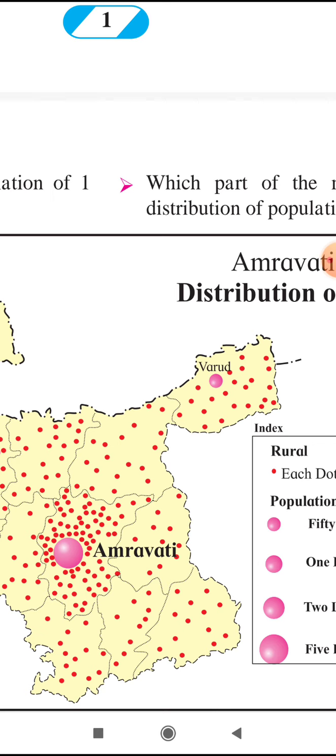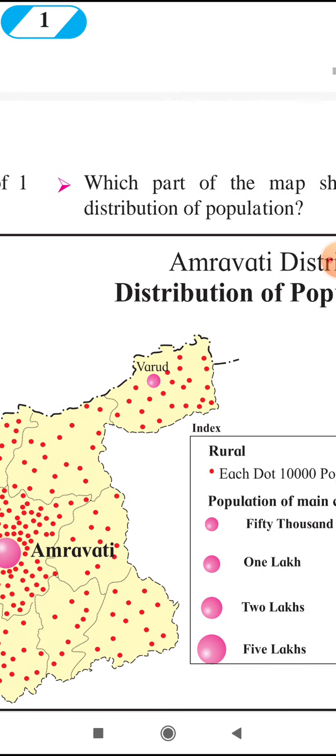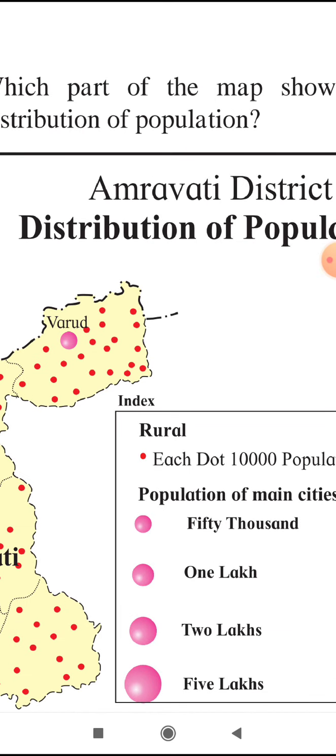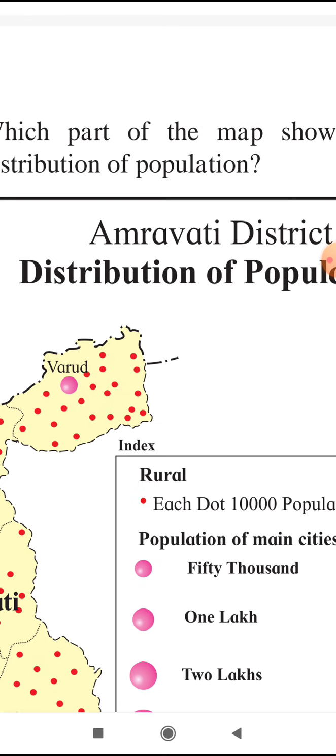See, 1 2 3 ... about 20 dots are here, and a simple dot shows 10,000. It is 10,000, so 20 dots make the population 2 lakhs. And in Varud city only, the population is 50,000. So the whole Varud taluka's population is 2.5 lakh.